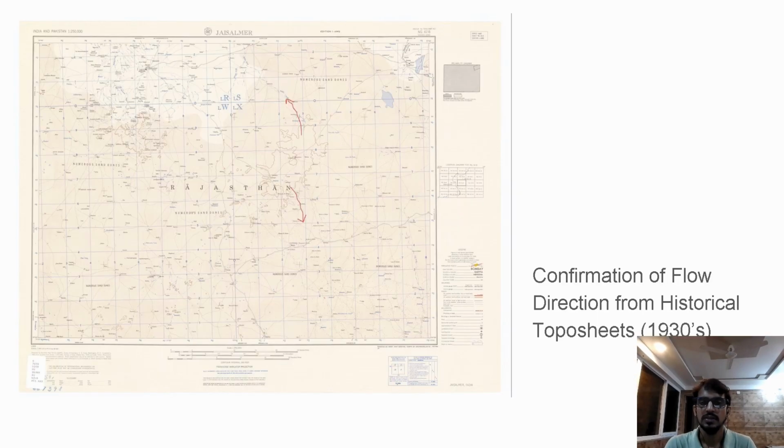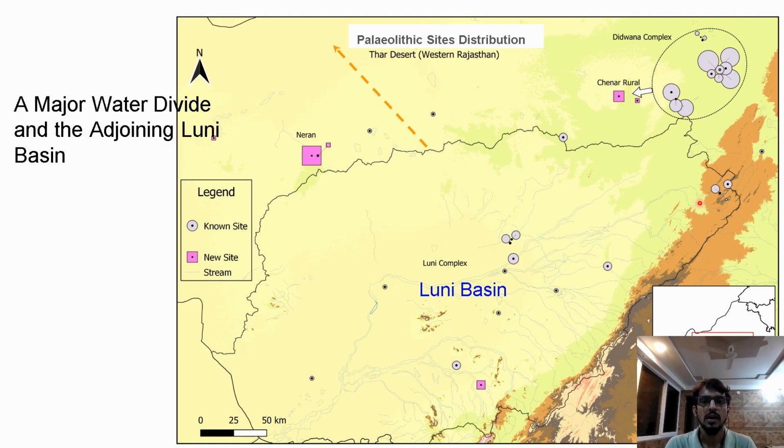This was part of a bigger topo sheet from the 1930s, where you can see two different streams.